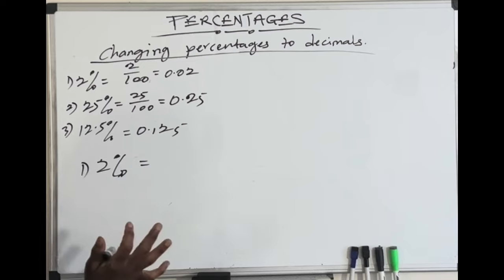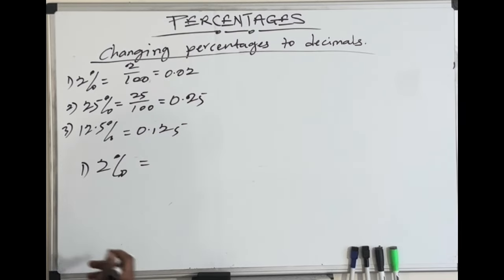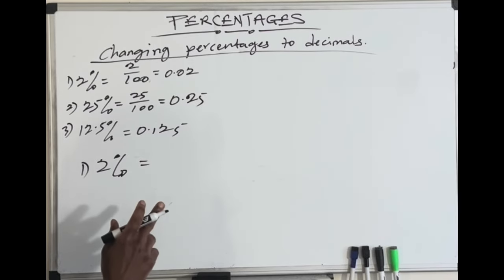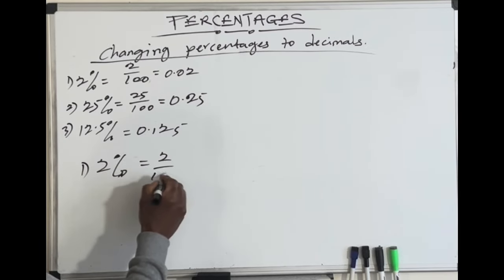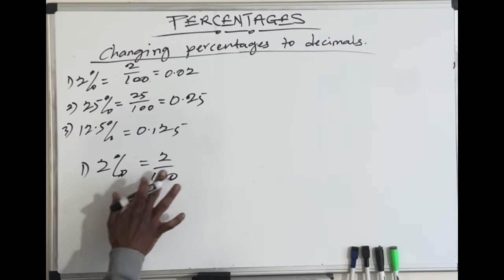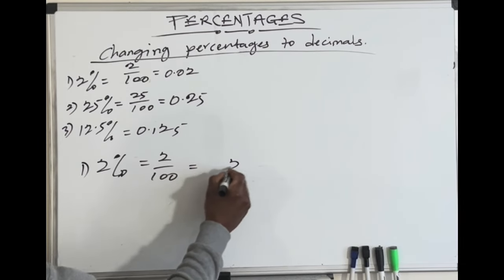How many times? The percentage sign means 100, which has how many zeros? 2. So we move the decimal point 2 times.